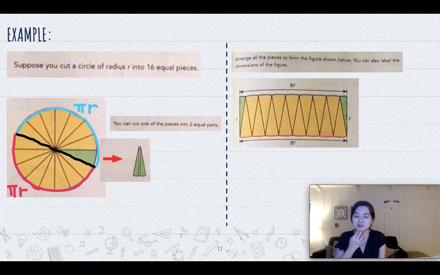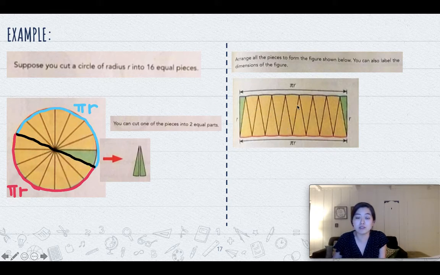It looks like a quadrilateral, and it almost looks like a rectangle, except that if I examine these pieces very closely, there's a slight curve here, right? And I have these 2 green pieces at the edge there, okay? And then I have the bigger yellow pieces, which are of equal size here.